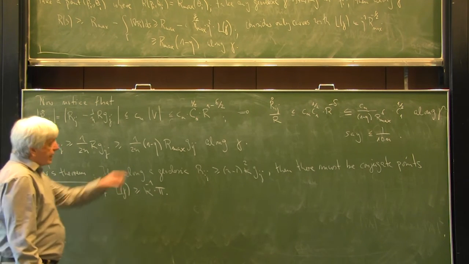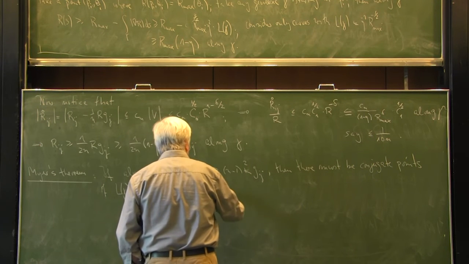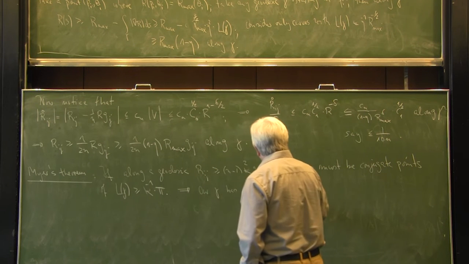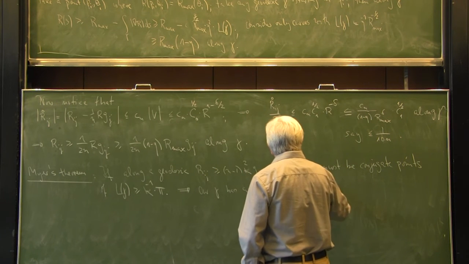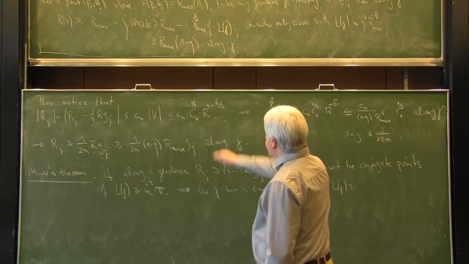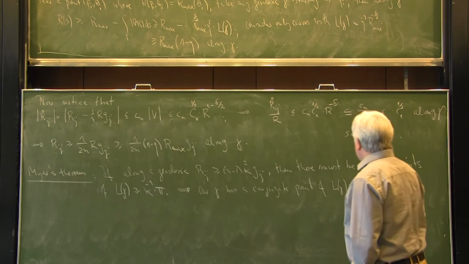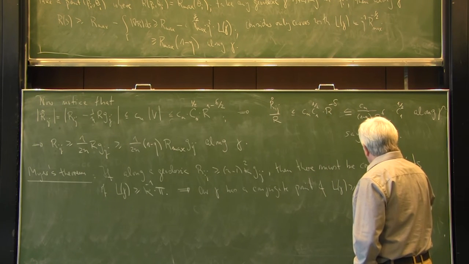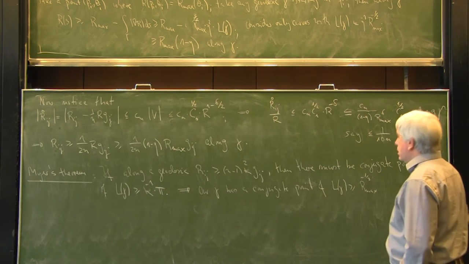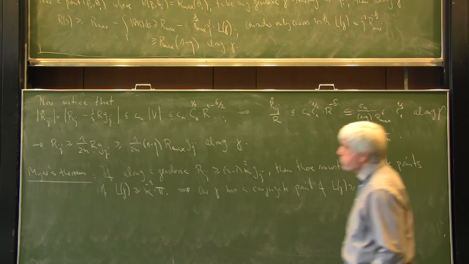But this means that our geodesic, so our gamma, has a conjugate point if the length of gamma is bigger than, and here's the constant now, r max to the minus 1/2 times some constant depending just on n.